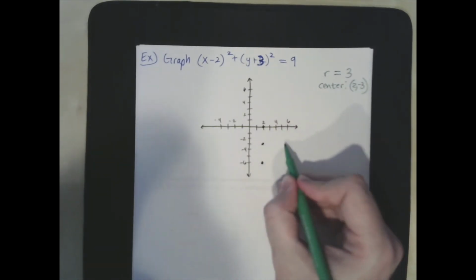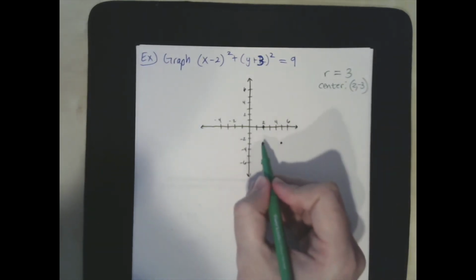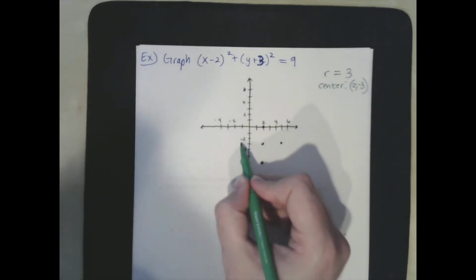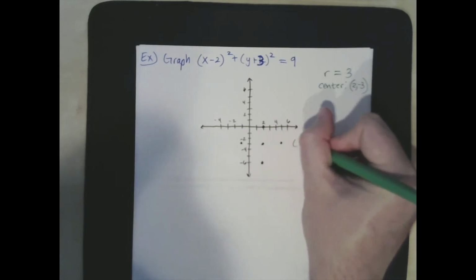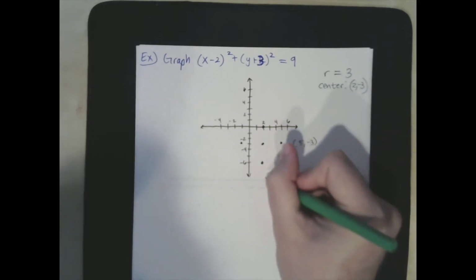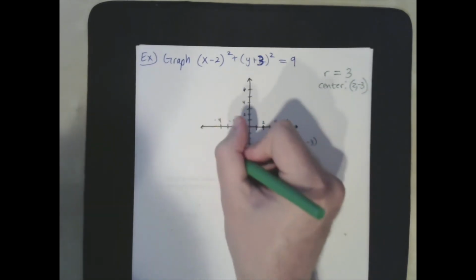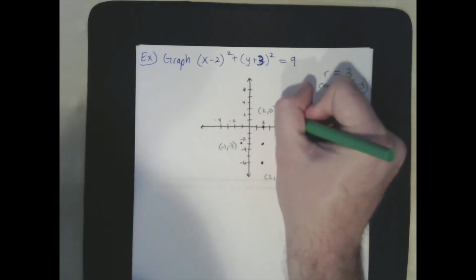We're going to go over 3 to this point here, and we're going to go over 3 to the other side to this point right here. This is 5, negative 3. This is 2, negative 6. This is negative 1, negative 3. And this is 2, 0.